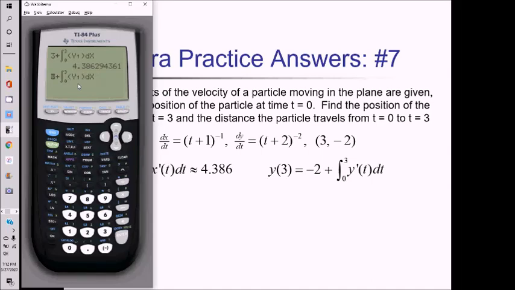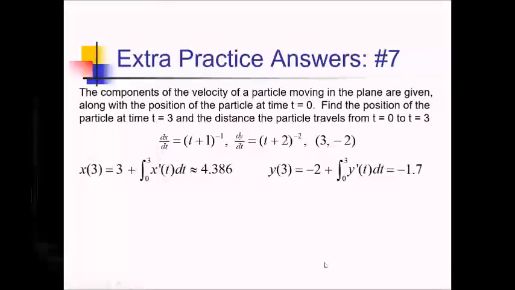So this 3 needs to be a negative 2. I can use the same integral, except I have to change this y1 to a y2. So alpha trace and pick y2, because that's where I stored my y prime of t. And then press enter, negative 1.7. So 4.386 comma negative 1.7, that's our new position at time 3.